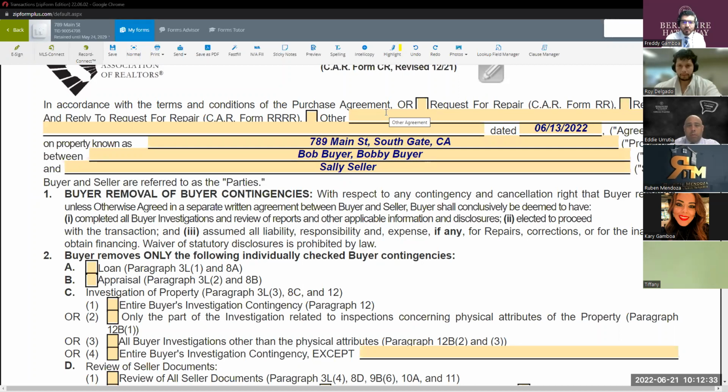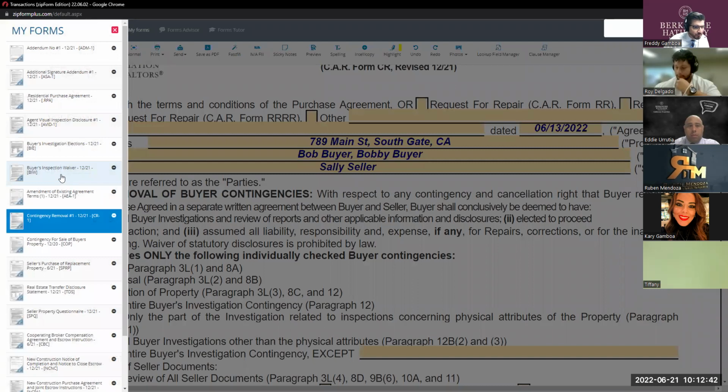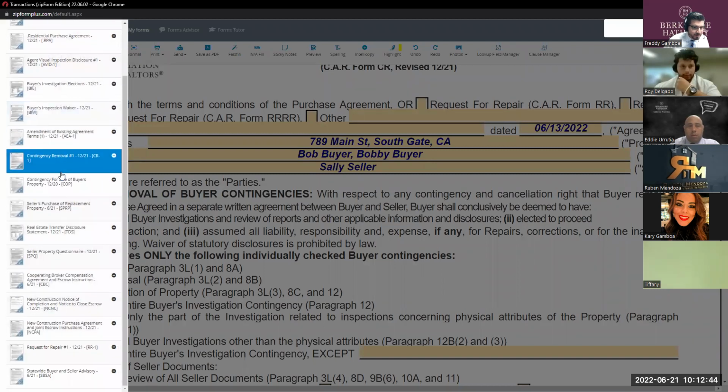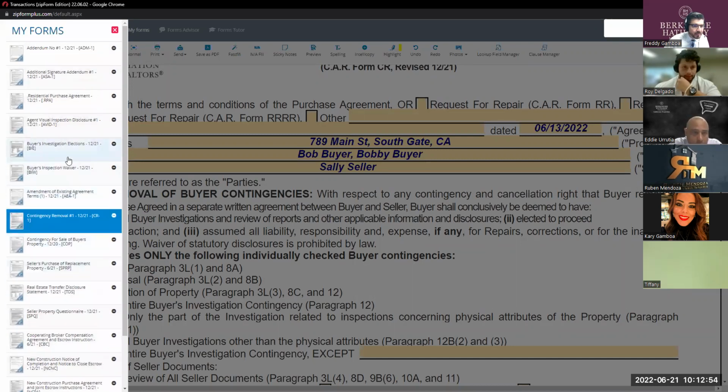You cannot say, well, Freddy, I want to wait until the end of my close of escrow. No. Because if you go back to the RPA, the purchase contract agreement, there's a paragraph, paragraph 14, that stipulates that the buyer will remove in writing.